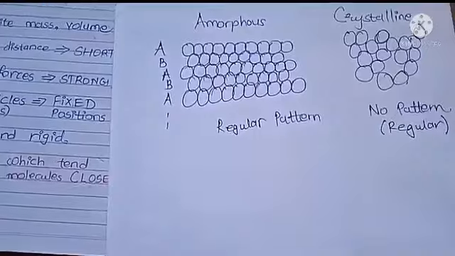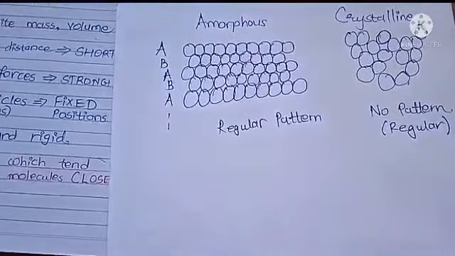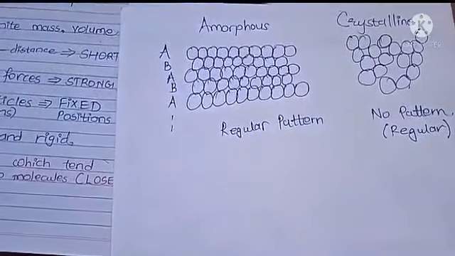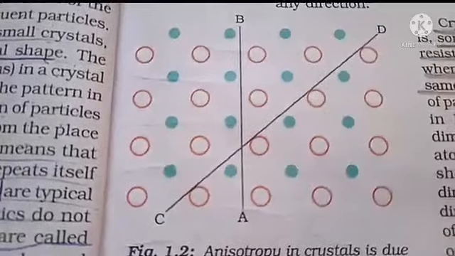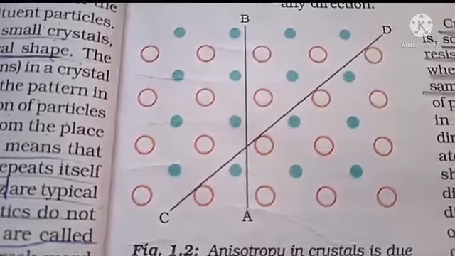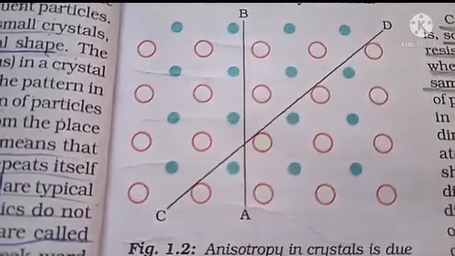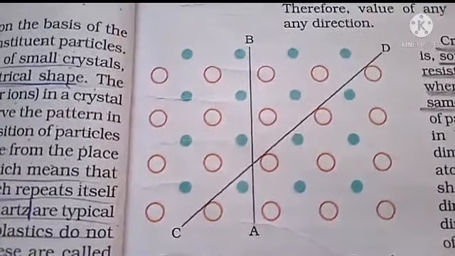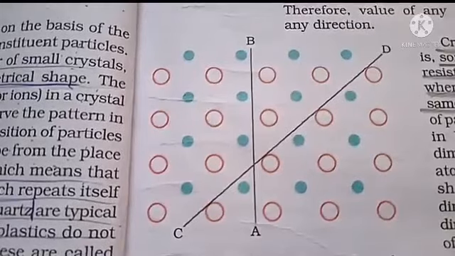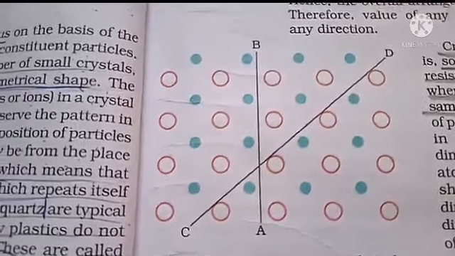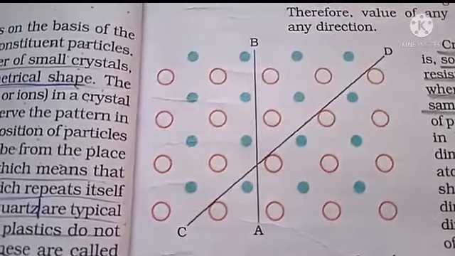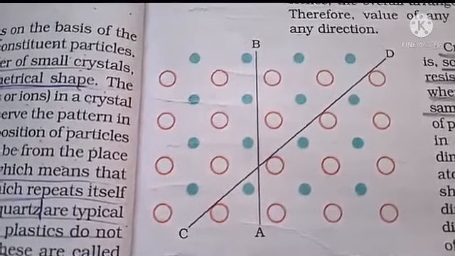Next, let us have an example of anisotropic and isotropic with a figure. If I'm moving from A to B, either from my left hand side or from the right hand side: from the left you can see blue circles from A to B, 1, 2, 3 and 4.